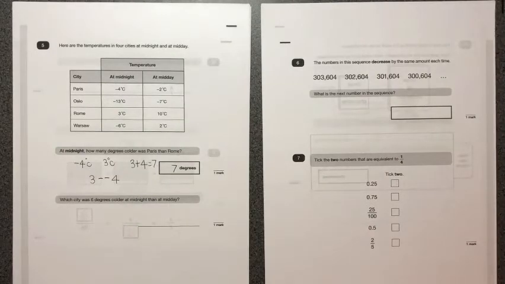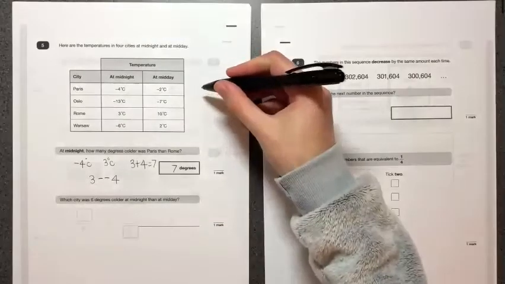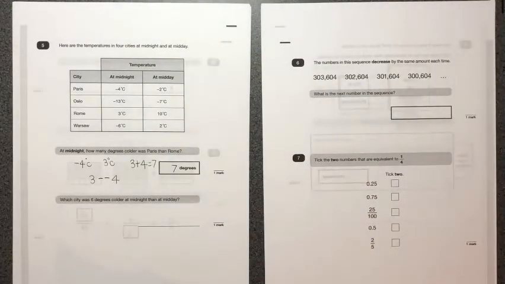Now the second part to this question. Which city was 6 degrees colder at midnight than at midday? We're going to work them out on the side here. Paris at midnight was -4 degrees Celsius, and at midday it was -2 degrees Celsius.